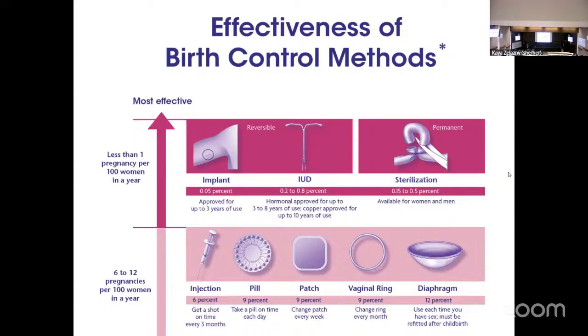This does say sterilization is permanent. That's not exactly true. In particular, vasectomies are reversible, although there's always a question mark there, but they're pretty easy. But sterilization, definitely going to drop risk of pregnancy. IUDs and implants are also particularly effective.